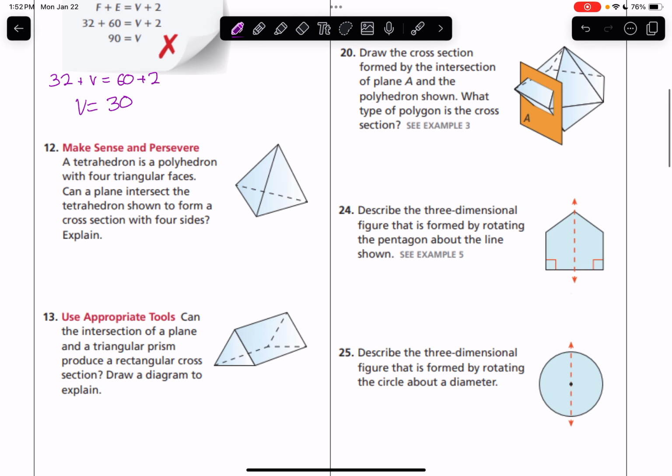Number 12, a tetrahedron is a polyhedron with 4 triangular faces. Can a plane intersect the tetrahedron to form a cross-section with 4 sides? Yes, it can. The shape has 1, 2, 3, 4, 5, 6 edges, and therefore it can hit at least 4 of the sides.